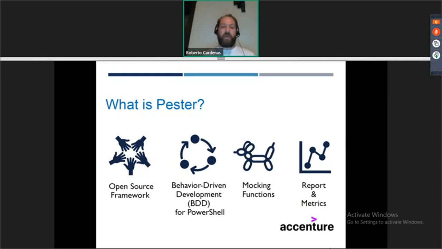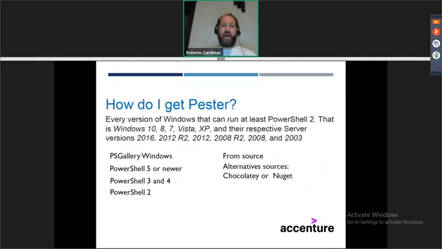What is Pester? Pester is an open source framework that gives you the opportunity to define your behavior-driven development, which is BDD, and also TDD, only for PowerShell. It has an amazing set of mocking functions where you can mock systems, you can mock kits, you can mock anything that you want, third-party services, REST APIs, anything, and generate reports and metrics, which is really good.